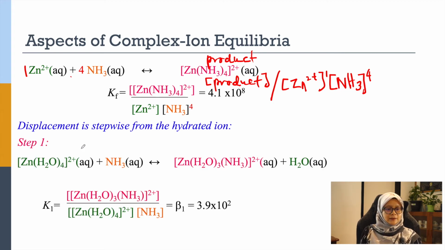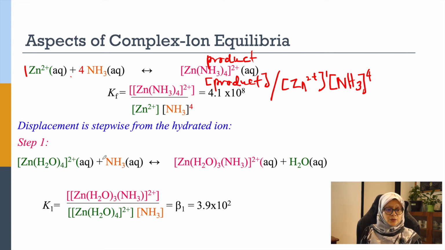So here, what happened? The displacement is stepwise from the hydrated ion. In step 1, this is the original complex ion. When we add on the ligand, as you know, NH3 is much stronger than H2O, water.